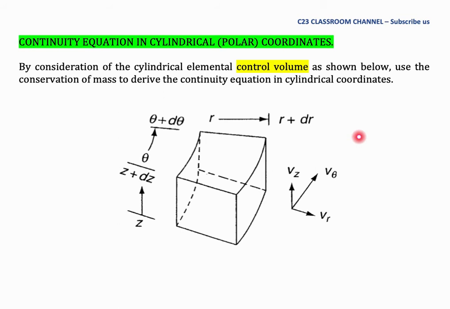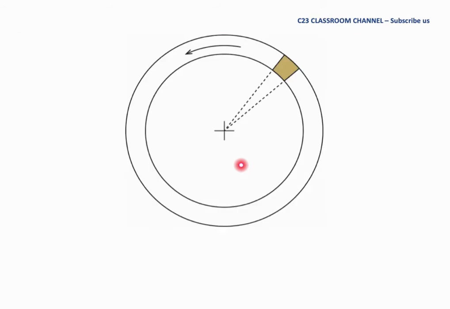To derive the continuity equation in polar coordinates, first you need to draw an element like this. This element actually comes from this figure. Imagine that we have a fluid flow in the rotation direction like this, and then we focus on the element at this part only.